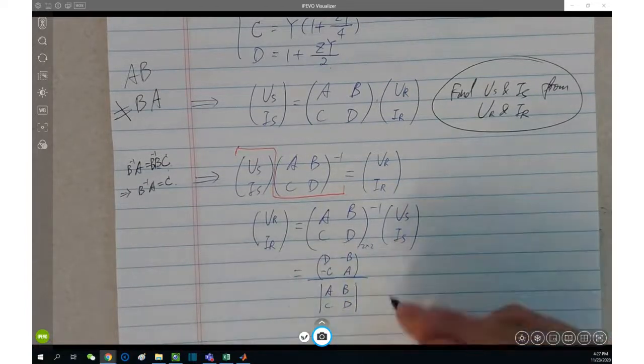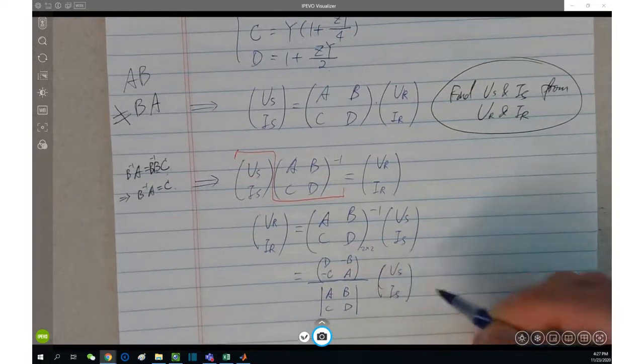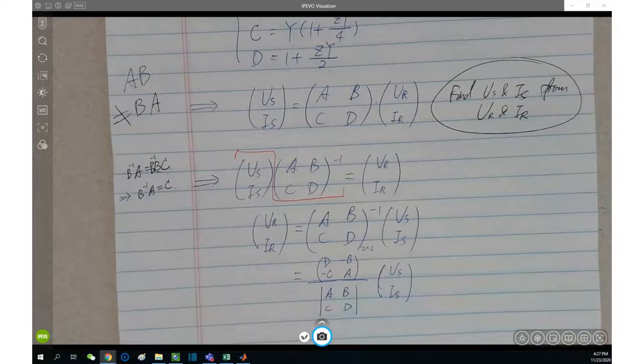So this is the inverse matrix of 2 by 2.